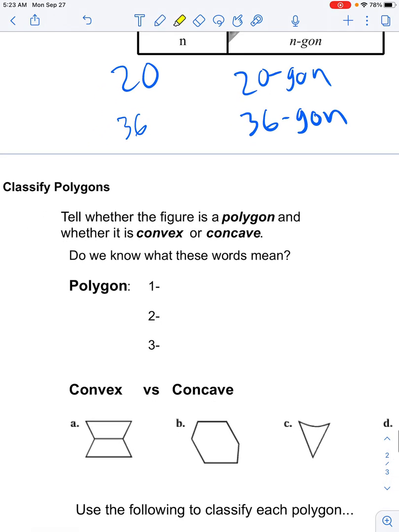So there's this thing called convex or concave. And there's a couple ways to figure that out. We'll start with polygon.